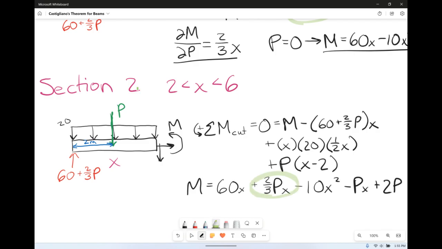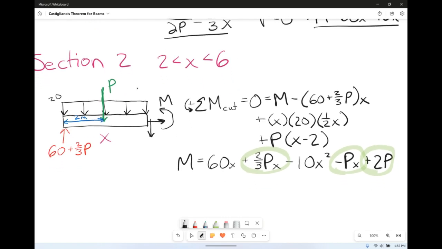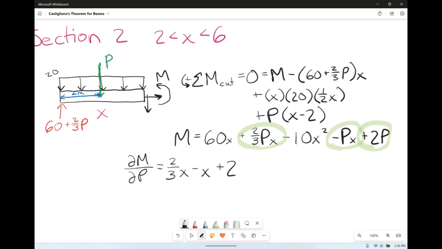Woohoo, we have 1, 2, 3 P terms. So this time when we find del M, del P, we're going to get 2/3 X minus X plus 2, which we're going to shorten down a little bit: 2/3 minus 1, or the other way around, negative 1/3 X plus 2.